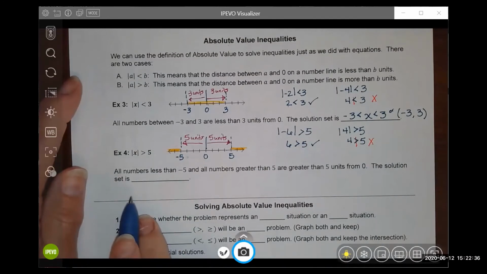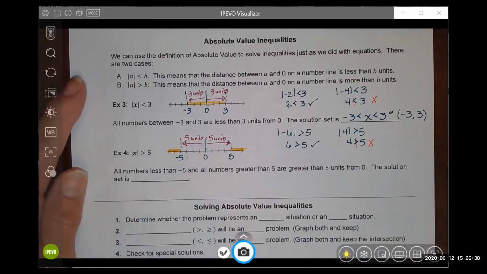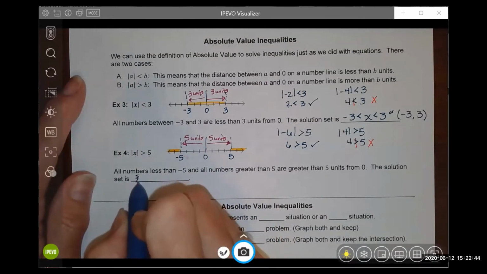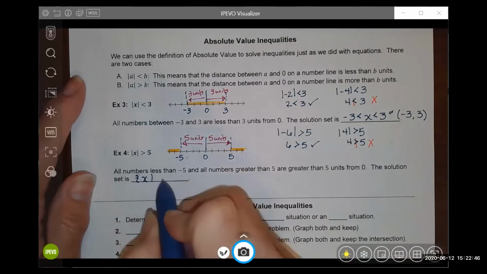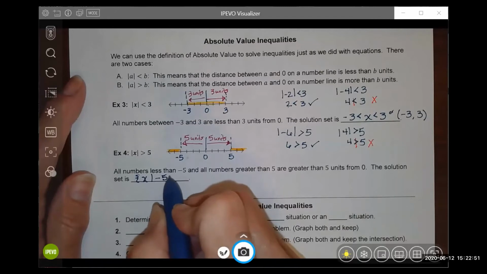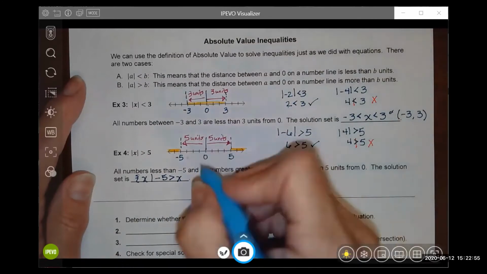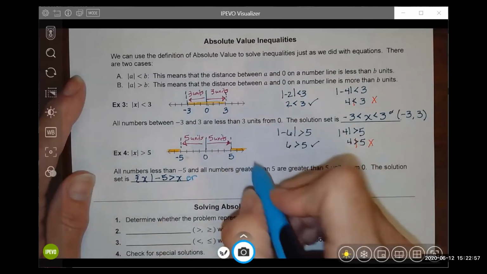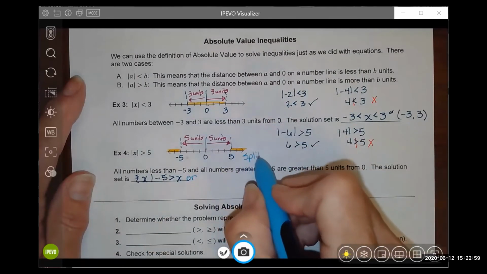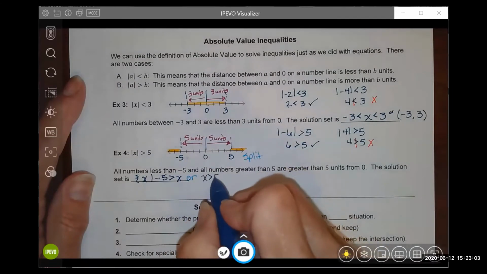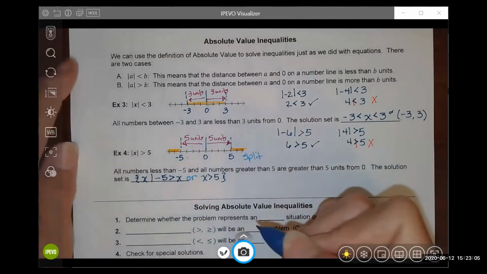If I want to represent the solution set in a way other than using a number line, if I use set builder notation, I want values of x such that x is less than -5, or, because there are 2 different possibilities, this is a split, x has to be greater than 5. And those are my 2 possibilities.